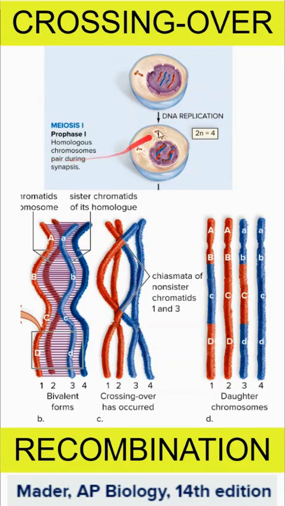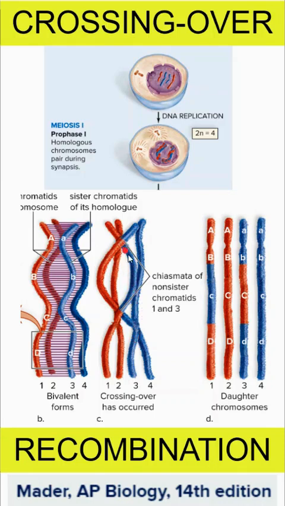Well, during prophase, we have this synapsis occurring. And during this synapsis, we can have what's called crossing over, which results in recombination. So we have sister chromatids, and sometimes the sisters can kind of weave as the homologs are combined here.